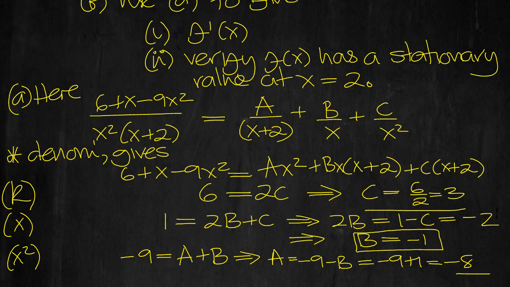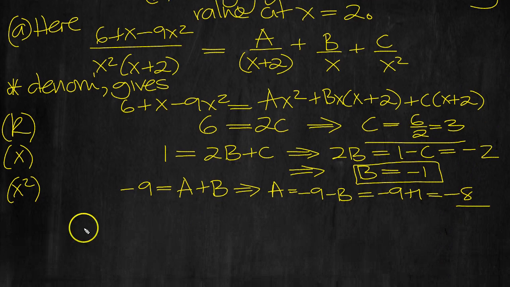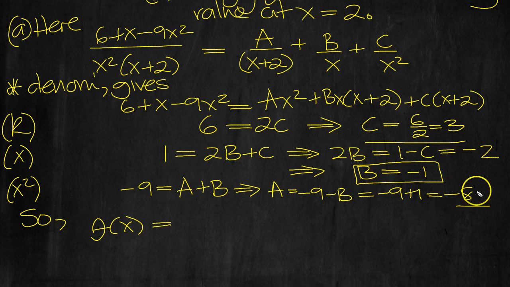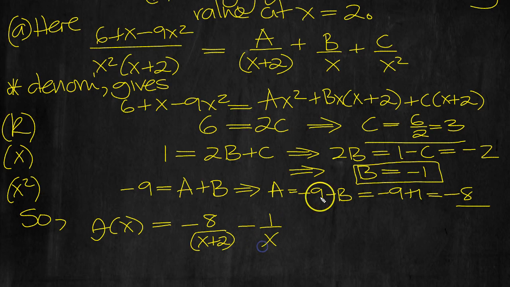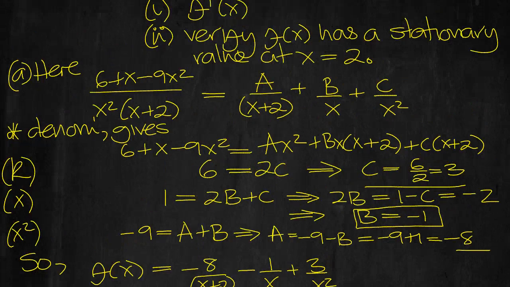So that's A. So f(x) then is equal to A, which is minus 8 over x + 2, plus B, which is minus 1 over x, and then C is 3 over x², plus 3 over x². Okay, that's part A done then.